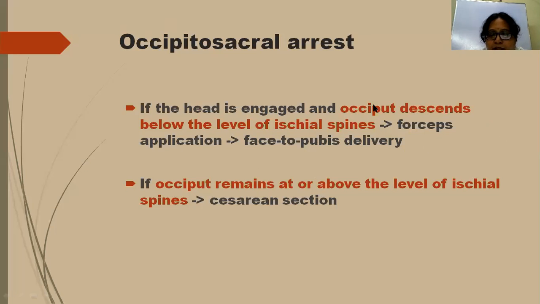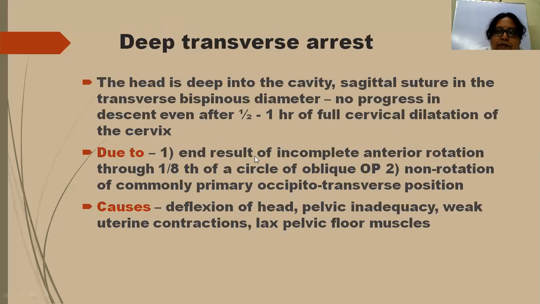And deep transverse arrest. What is deep transverse arrest? I told you, when short anterior rotation occurs, the arrest occurs in the lateral transverse position of the occiput, like this. If the arrest occurs like this, it is deep transverse arrest, where there is no further progress in labor despite half an hour to a full hour of waiting.